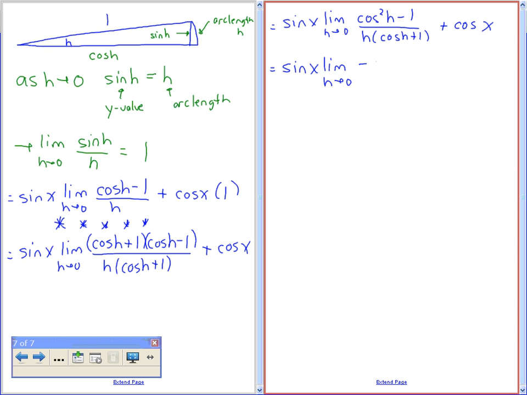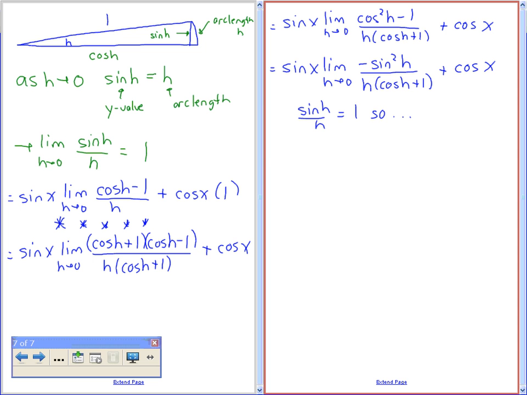Can I just write that as negative sine squared h? Is that enough for trying to do that? Because cos squared h minus 1 is negative sine squared h. All right, how does this help me? The reason it helps me is that we know that sine h over h equals 1, right?